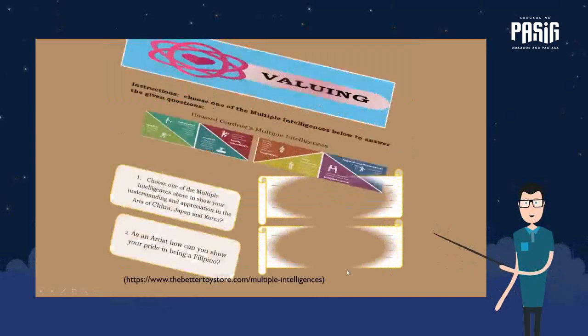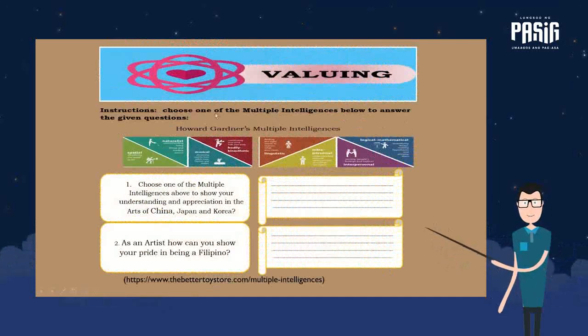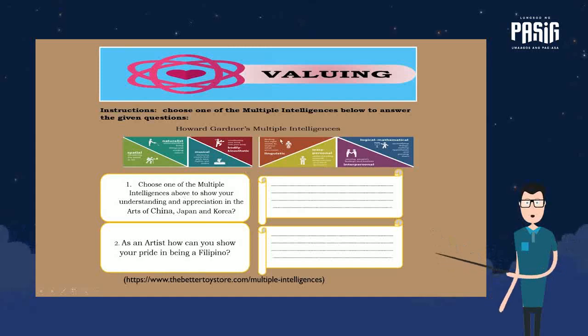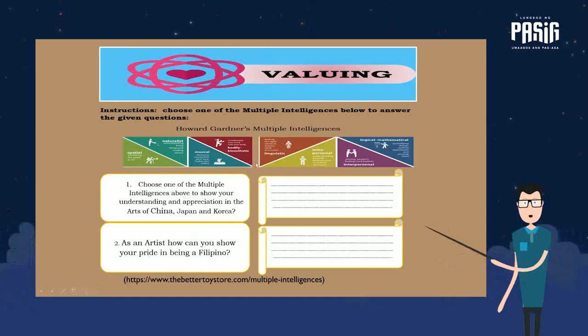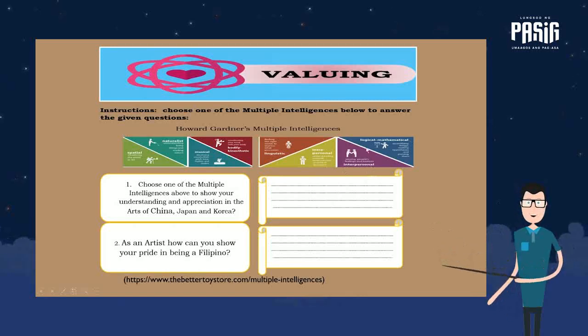For our valuing, here's our instruction. Choose one of the multiple intelligences below to answer the given questions. Here's our multiple intelligences. We have spatial, naturalist, musical, bodily kinesthetic, linguistic, intrapersonal, interpersonal, and lastly, logical mathematical.